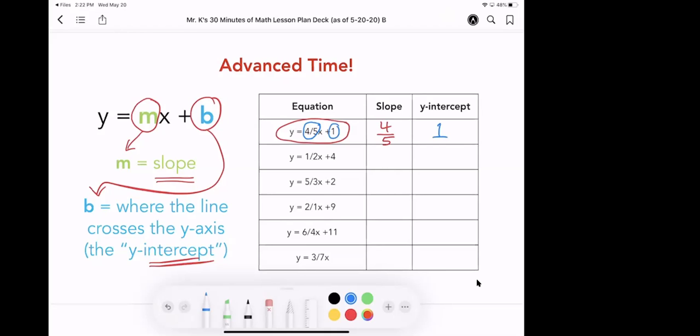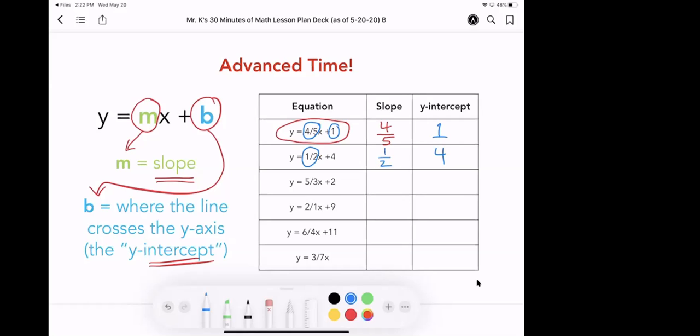All right, let's try another one. Look at y equals 1/2 x plus 4. What would the slope of this one be? I see some folks writing in. That's correct. The slope is 1/2, a rise of 1 and a run of 2. And our y-intercept is 4.